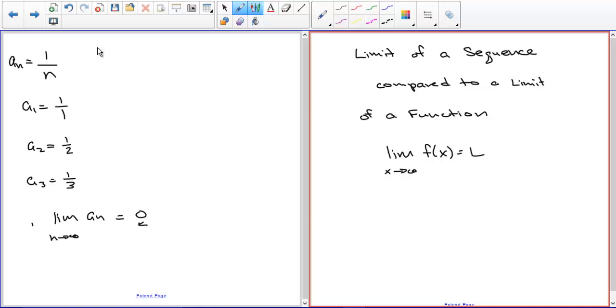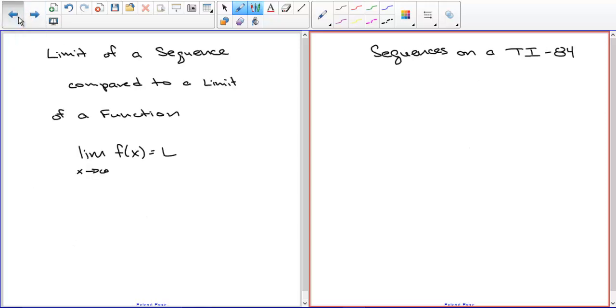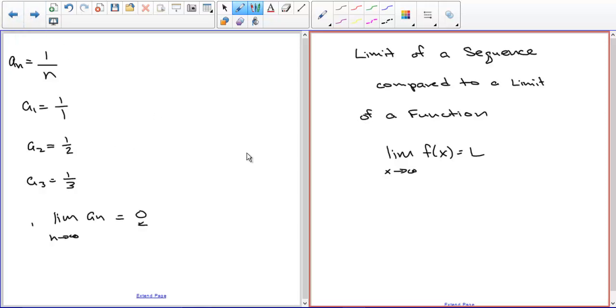So how does the limit of a sequence compare to the limit of a function? Yeah, I mean, it's basically the same thing. You'll notice, so I'm going to ask you to pull out your calculators, because you have the ability to do sequences on your calculator.